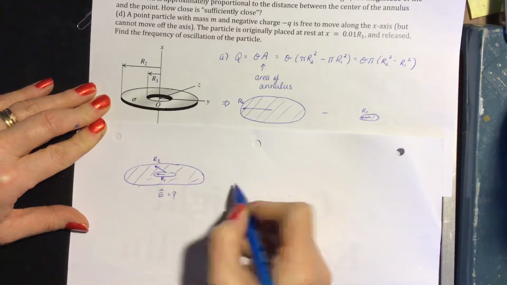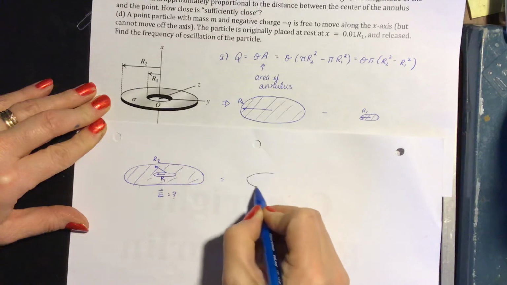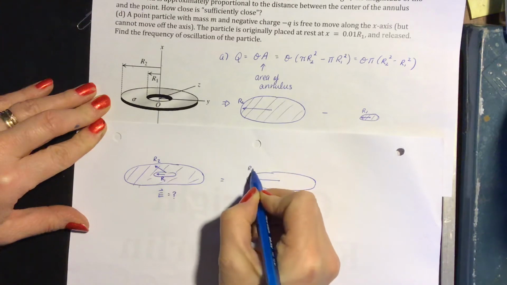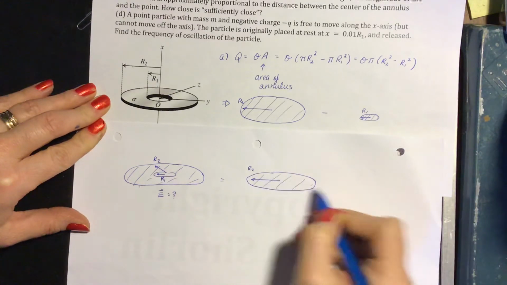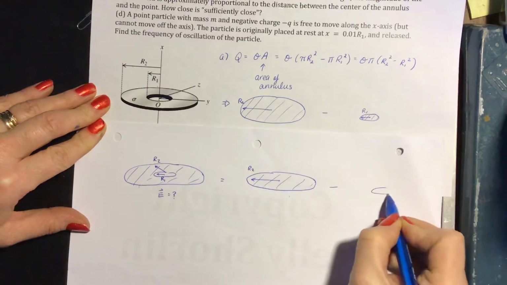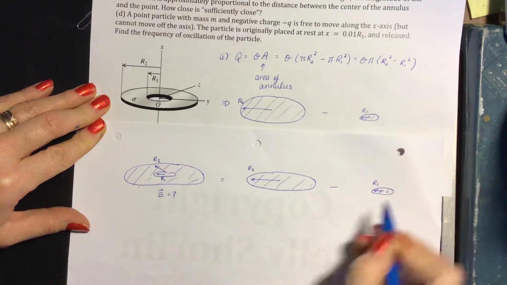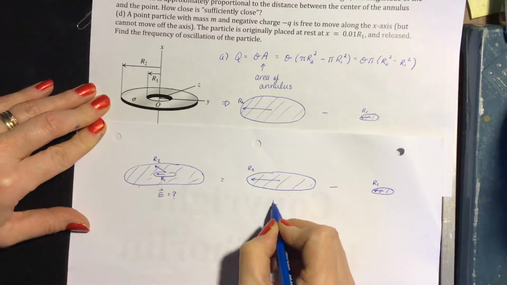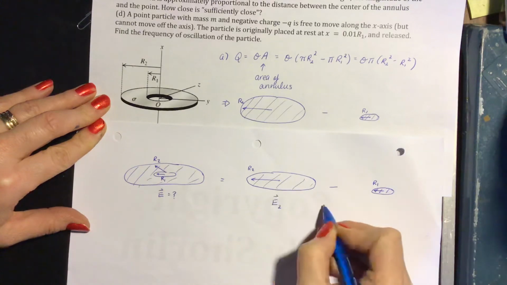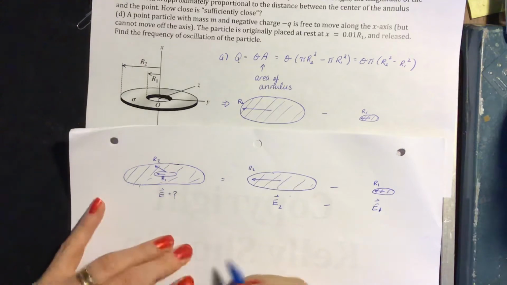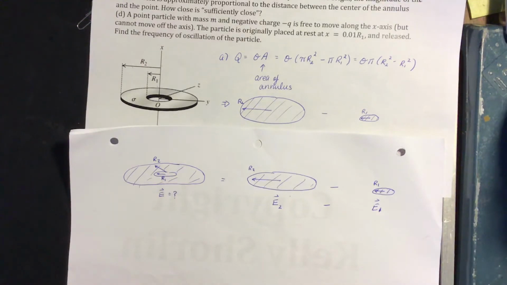We know that this object equals a solid disk with radius R2, take away a smaller solid disk with radius R1. So the net electric field is going to be the electric field of this disk, take away the electric field of this disk. So let's find out what those electric fields are.